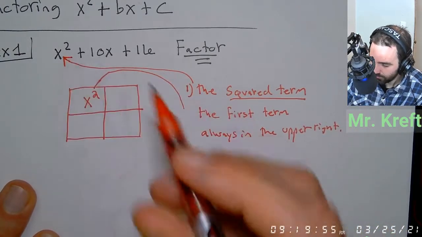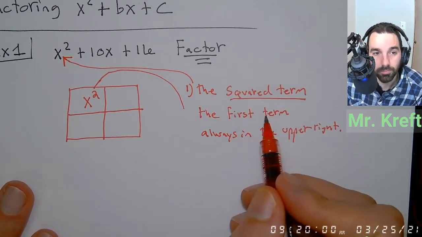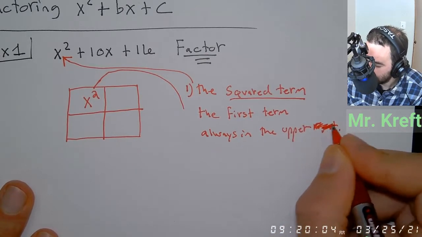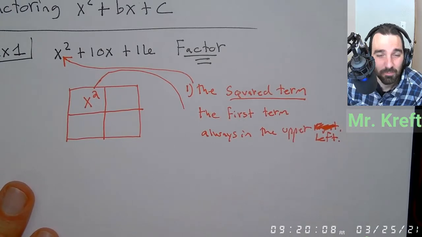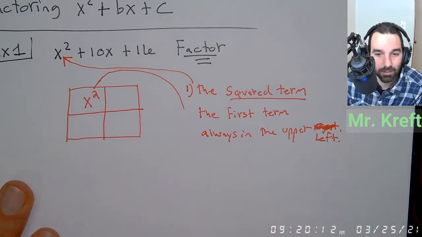Okay, so the squared term, or the first term, is always in the, oops, I don't know my left versus my right. The upper left. Okay. So it's always going to be in the upper left.